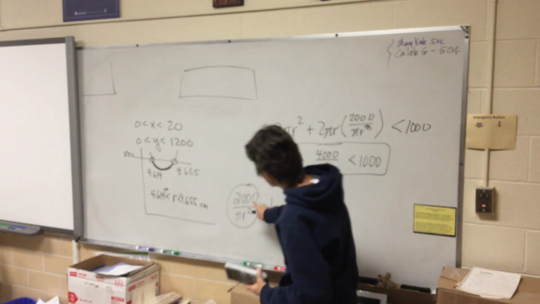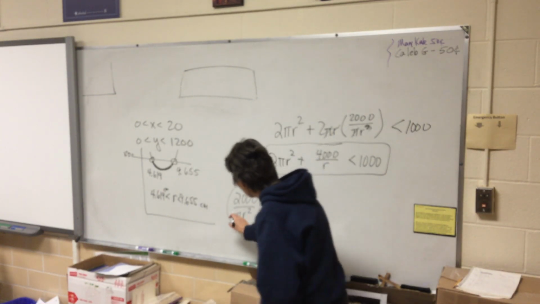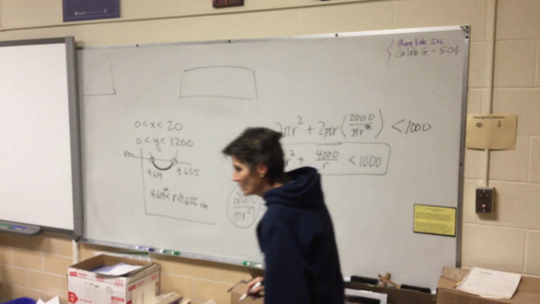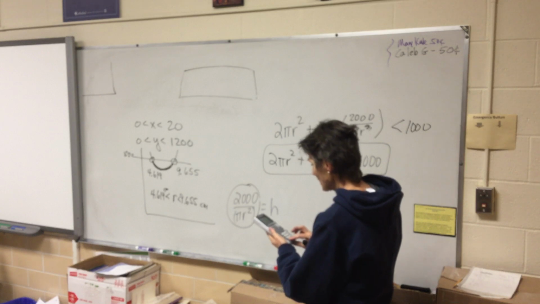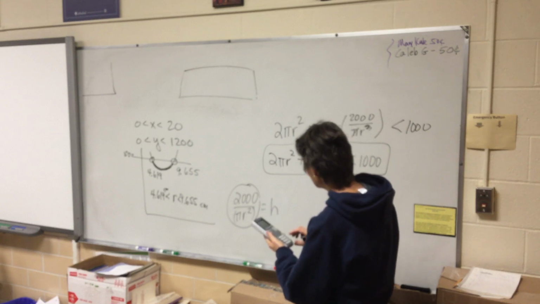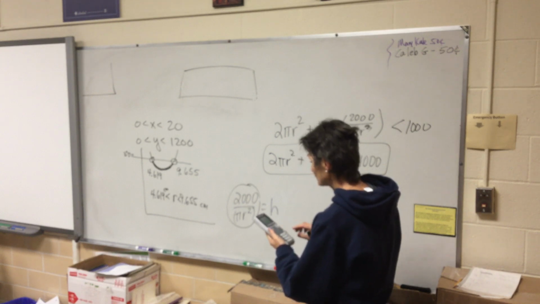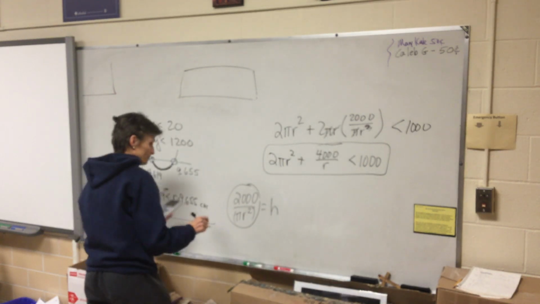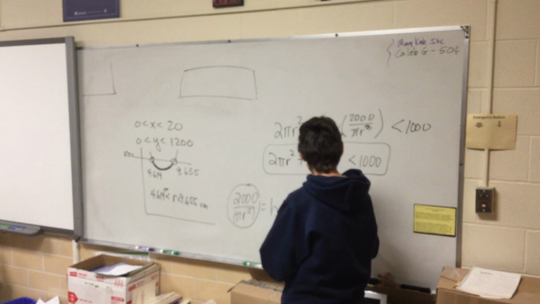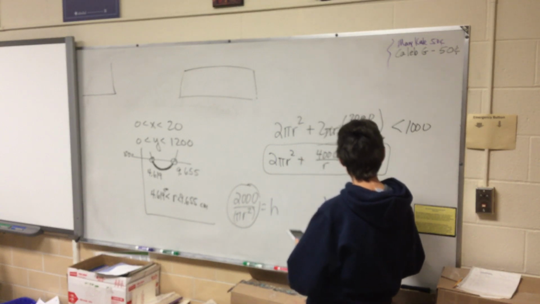Please do be careful when you type that into your calculator, because there are two things down here. You might want to put that in parentheses just to be safe. So 2,000 divided by pi times 4.619 squared. I got 29.839.